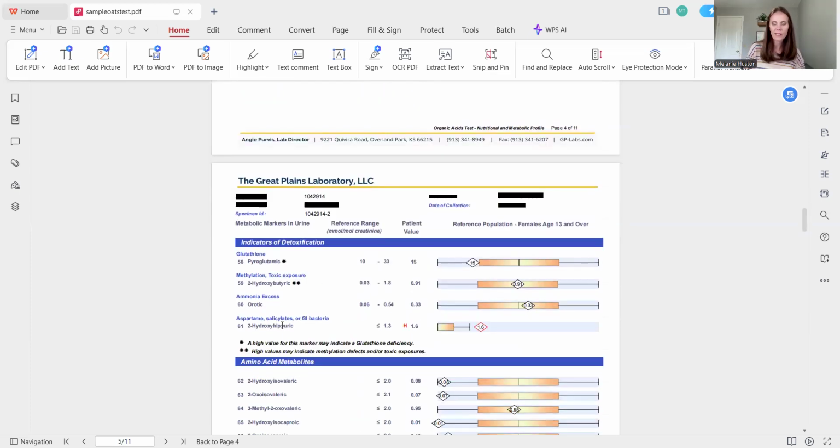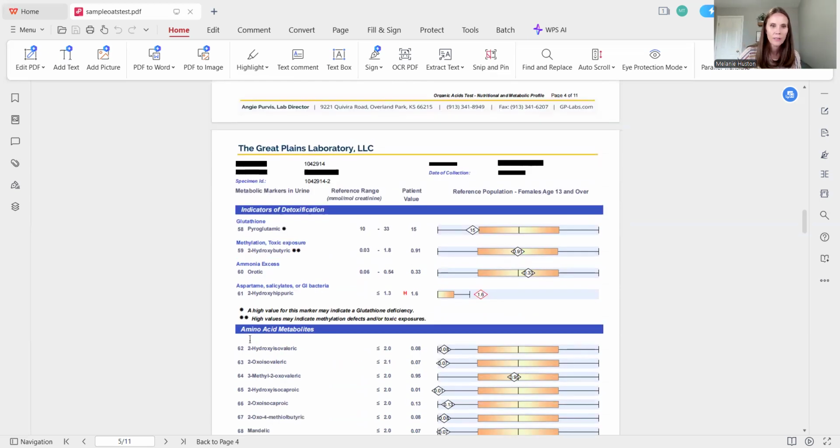And then this is your indicators of your detoxification. And ammonia too tells us a lot, right? And if this one's elevated, like this person had a lot, if they're not taking a lot of aspartame or whatever, you can see that it's probably overload of bacteria.